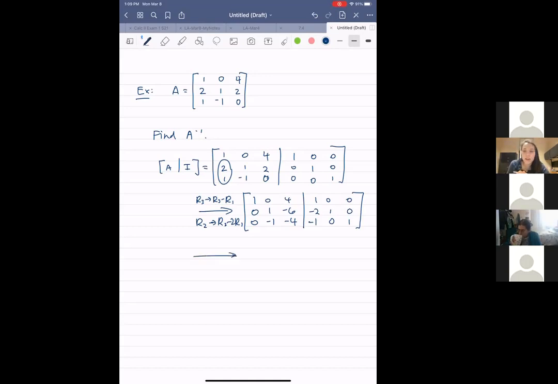Okay, so next we want to clear this -1 so we can take row 3 and add row 2. So, just to be clear, this is row 3 replaced with row 3 plus row 2.